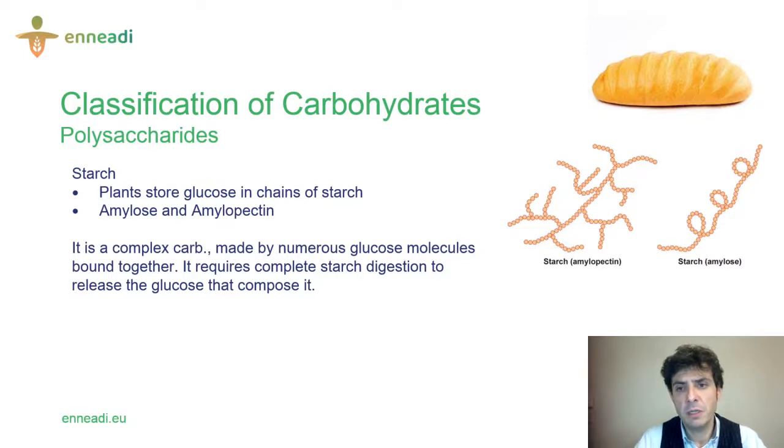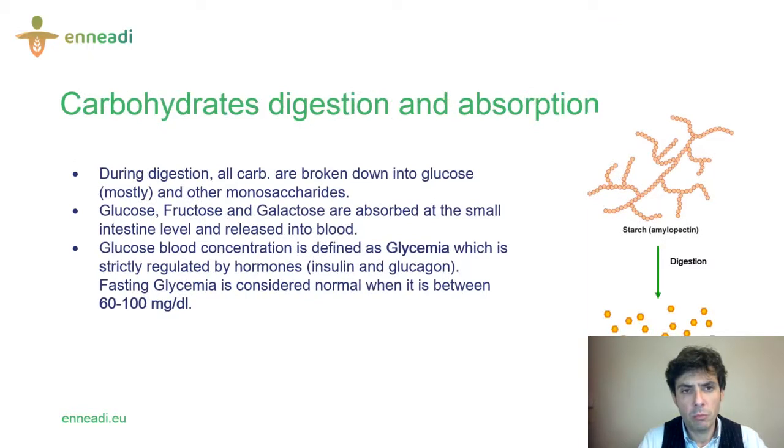Starch is the molecule drawn on the right side of this picture, and it is represented by a sequence of hundreds of glucose molecules bound together. When we digest starch, we break down the sequence of glucose molecules into simple glucose.